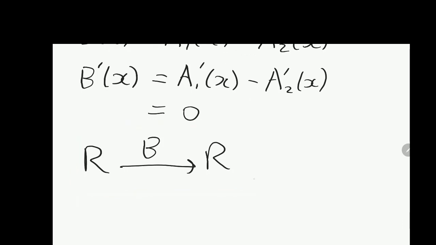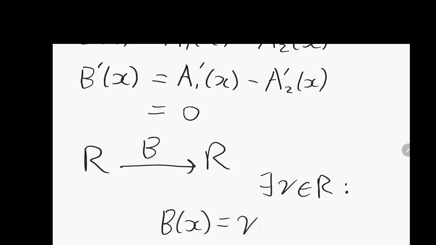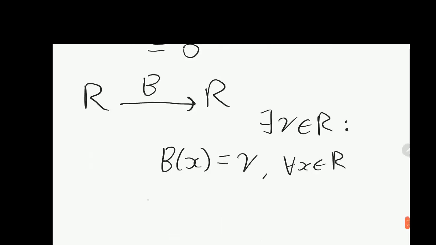So there is going to exist a value in R such that b of x is equal to that value for all x.